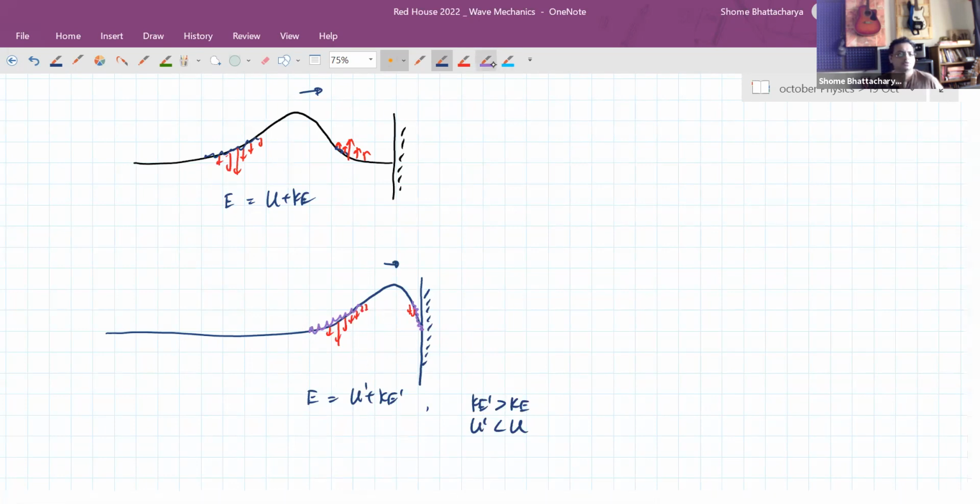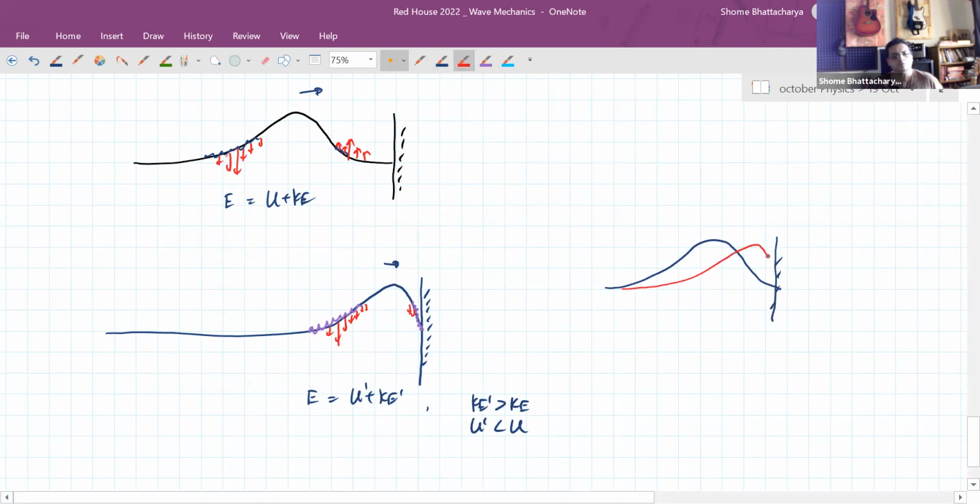Okay. So as you are going forward, the pulse's shape is changing from this to this to this to this.